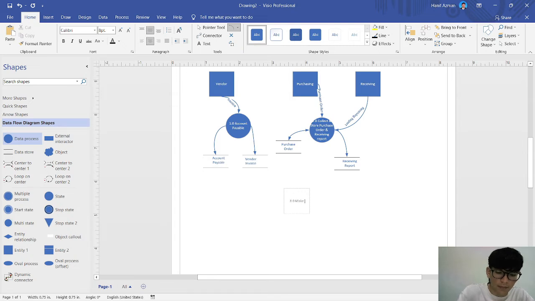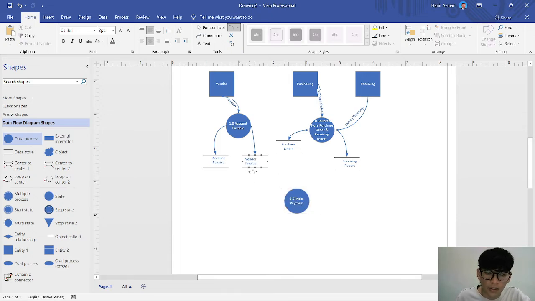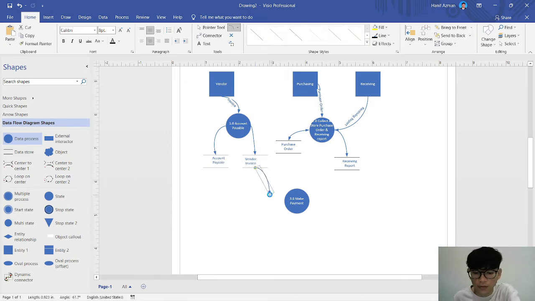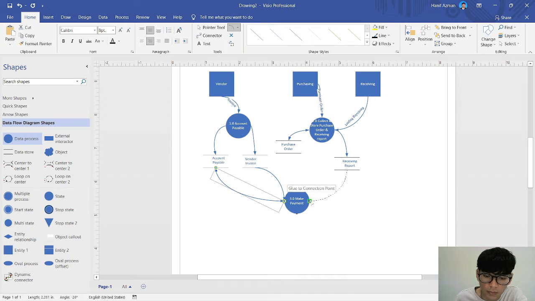The vendor invoice is sent to make payment, and here are two arrows. And the receiving report is sent to make payment too.